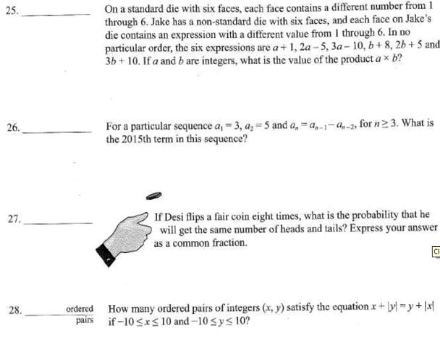Well, the first thing I would like to do with a probability problem is to figure out how many different possibilities there are. I know in binomial probability, if I have 8 flips, it's going to be 2, because I have 2 possible outcomes each time, to the 8th.